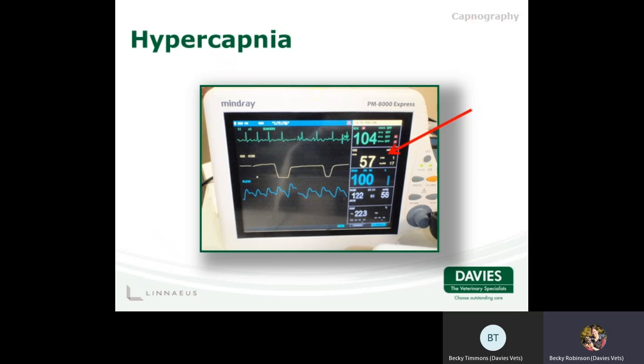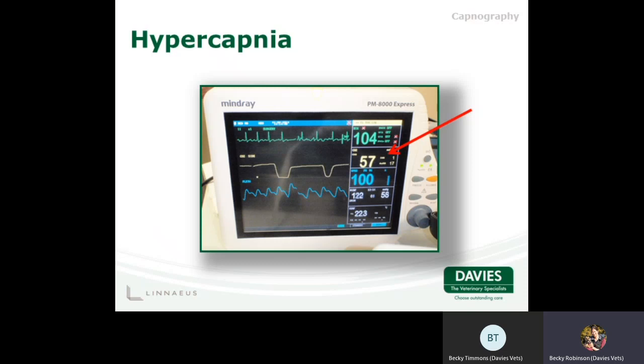As we discussed previously, mild levels of hypercapnia are often not negative for the patient. So levels of up to sort of 50 to 55 millimeters of mercury are usually reasonably well tolerated unless the patient has intracranial disease, and can actually have some benefits.